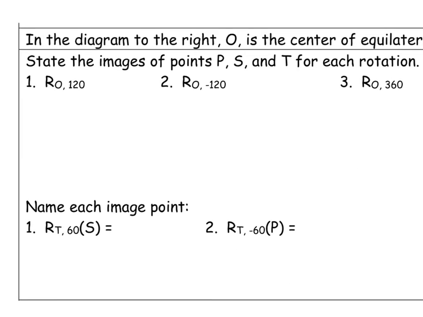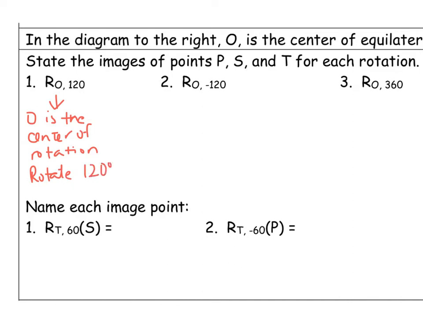If we look at number 1, R sub O comma 120, what that means is that O is the center of rotation, and we are going to rotate each point, P, S, and T, 120 degrees.